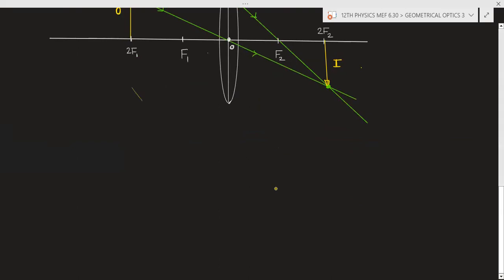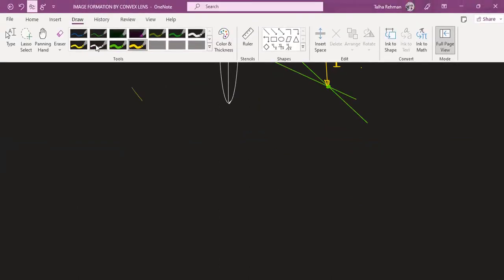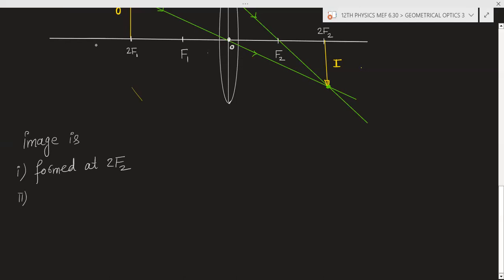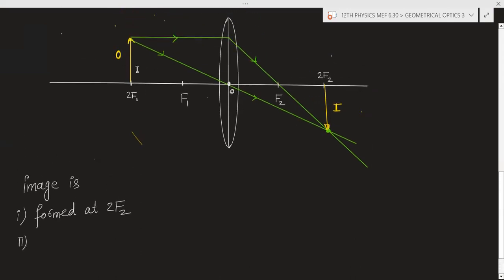So you can now write about the characteristics of image. Number one, image is forming at 2F2. Now point number two, the size of the image and the object is same.